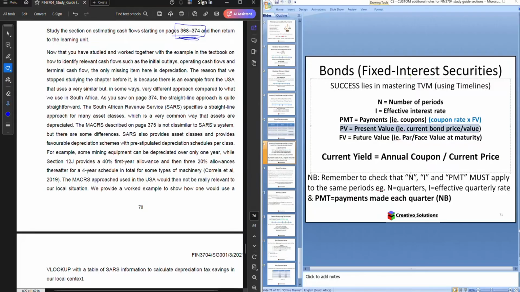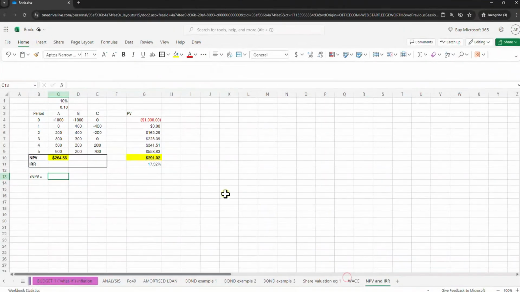Okay, yeah. So on page 363, it says net present value in the textbook: the present value of future cash flows minus the initial investment. Yeah, I did do it on my calculator and I'm getting the same 291.02. So that is the correct present value. Why?